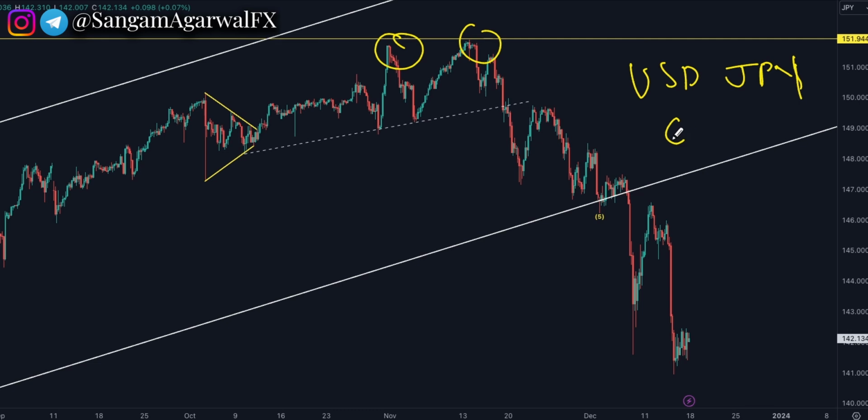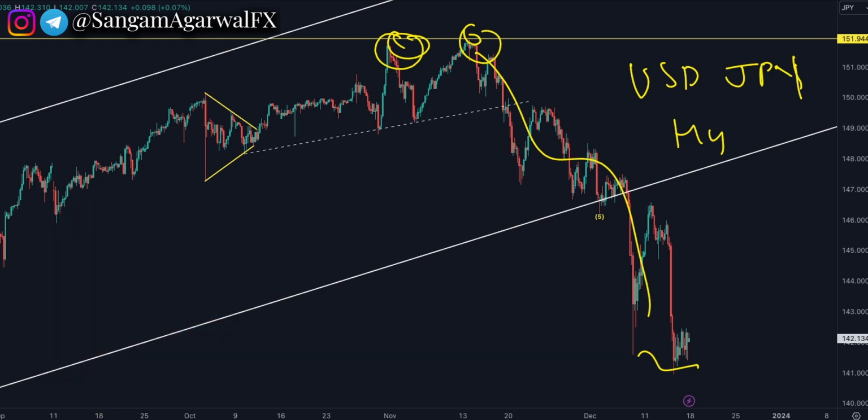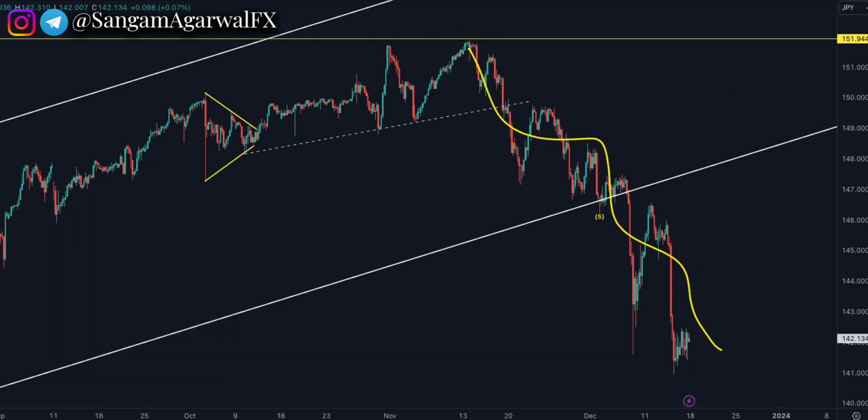On the USDJPY intraday chart, after this double top since that CPI video, it is constantly going down, making lower lows with lower highs. A clear technical downtrend. But now at 142, everyone knows why this pair is going down.